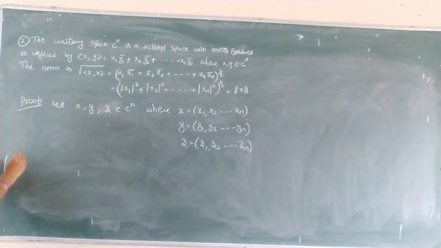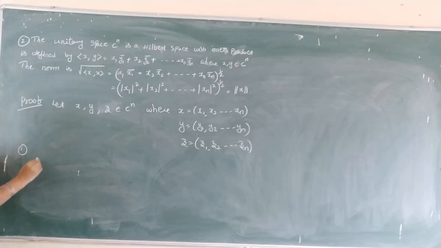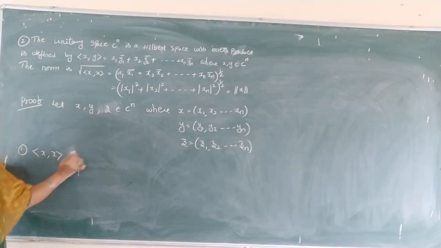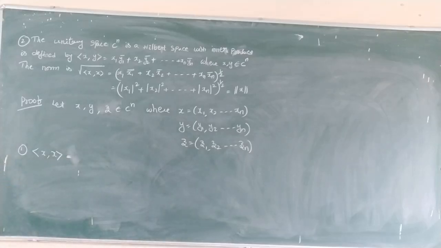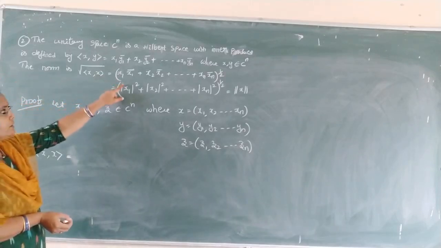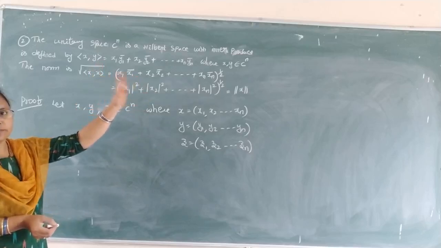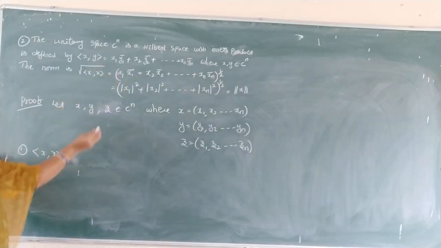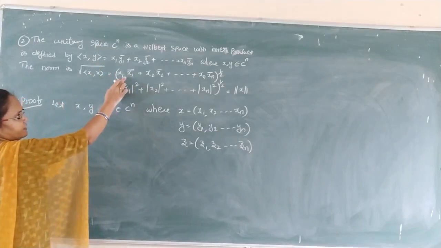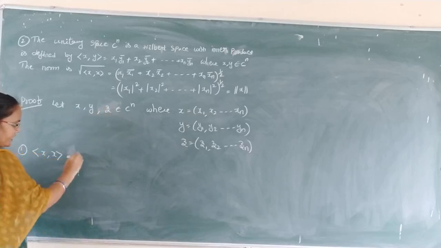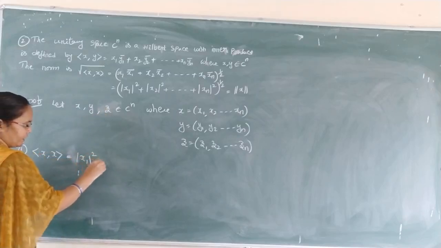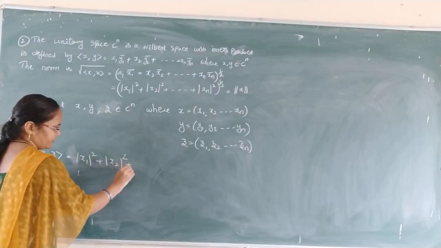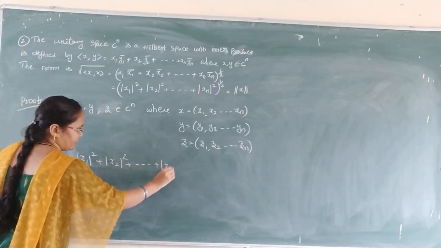Now, first property: the inner product of x comma x is equal to, if you observe, on both sides the power 1 by 2 is cancelled, so we write directly the remaining terms, x1 square plus x2 square so on plus xn square.